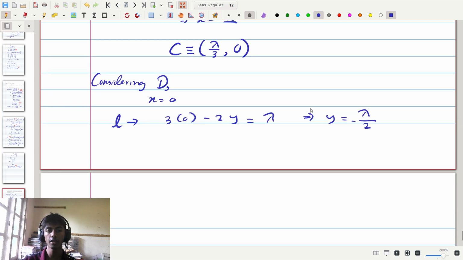And therefore, the point D will have the coordinates x equals 0, y equals minus lambda divided by 2. So this is what we get for the point C and the point D.